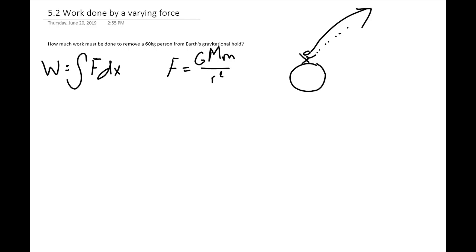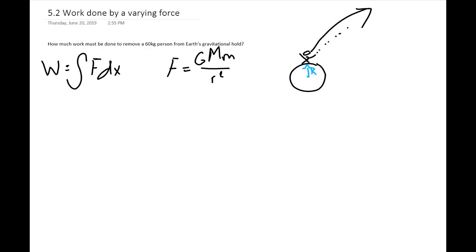Okay, so a couple things before we get started. One, we're going to start with a distance where the person is the radius of the Earth away from the center of the Earth, because we consider all the mass to be right at the center of the Earth.